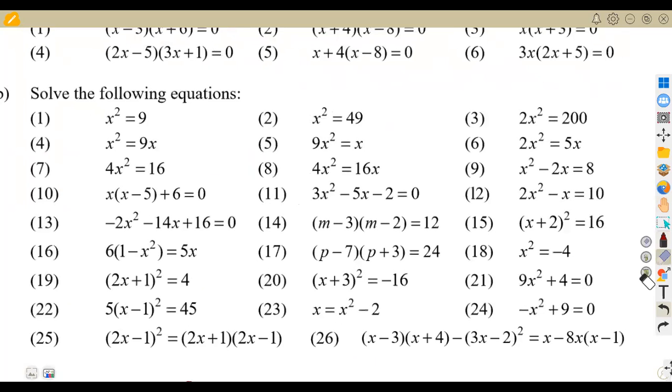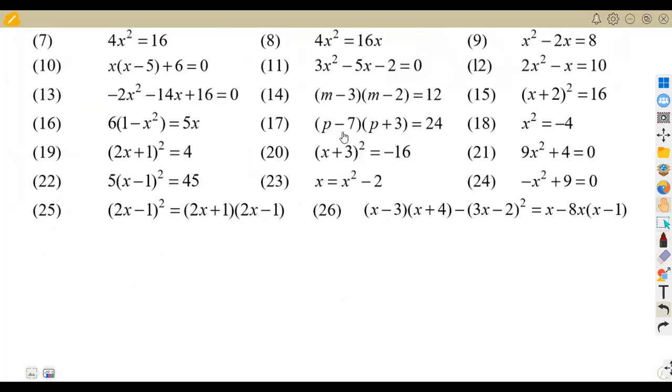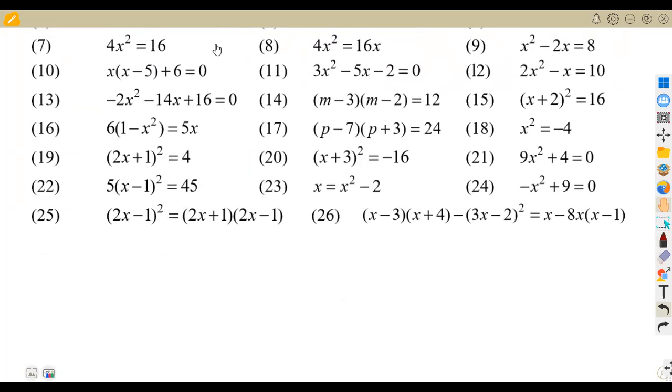Then some of the questions do need you again to apply the longer way of your factorization, just like question number 9, which is the same as question number 10. So I'm just going to explain question number 10, but it's the same thing that you could have done on question number 9. What you could have done on question number 9 was to rearrange the 8 to this side.